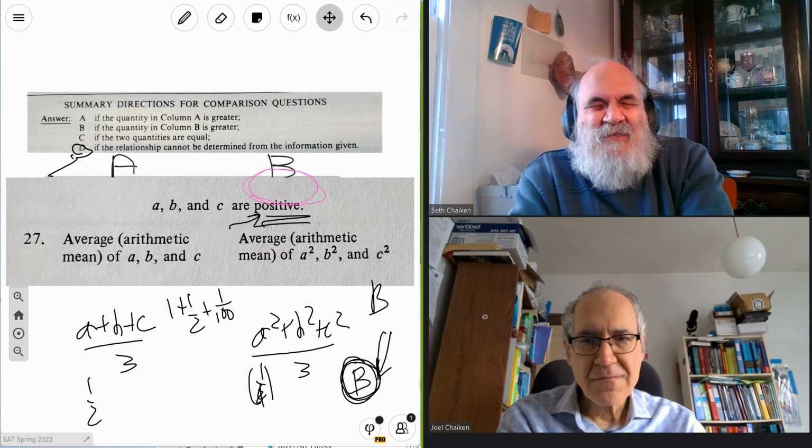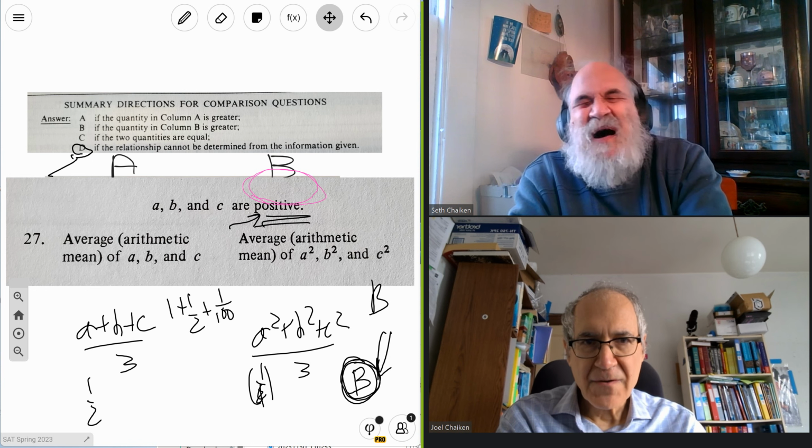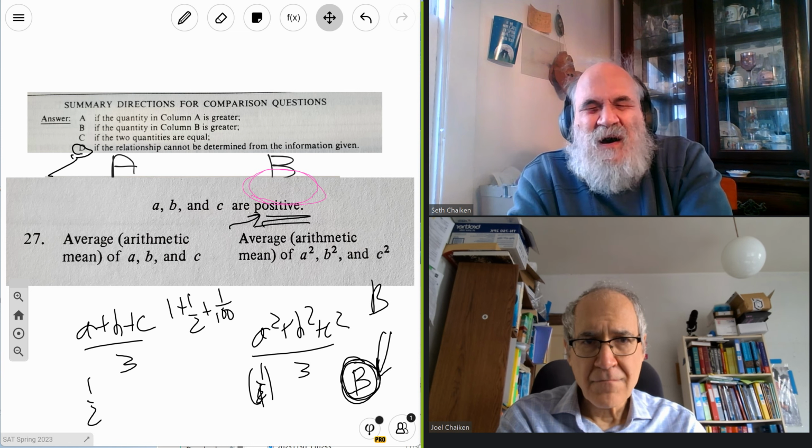is that if you have two collections of numbers, and they're positive, so you don't have cancellation when you calculate the average, it does not matter.